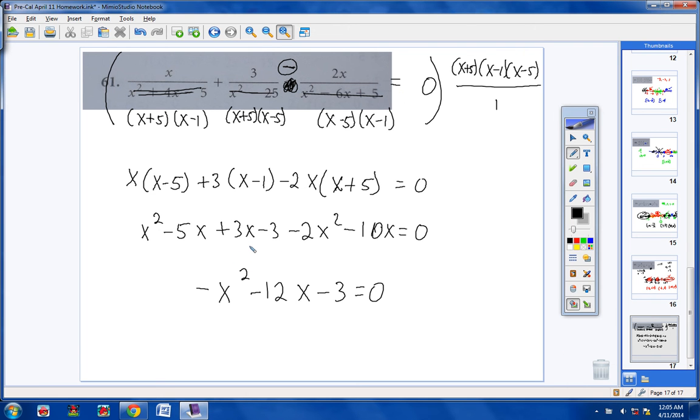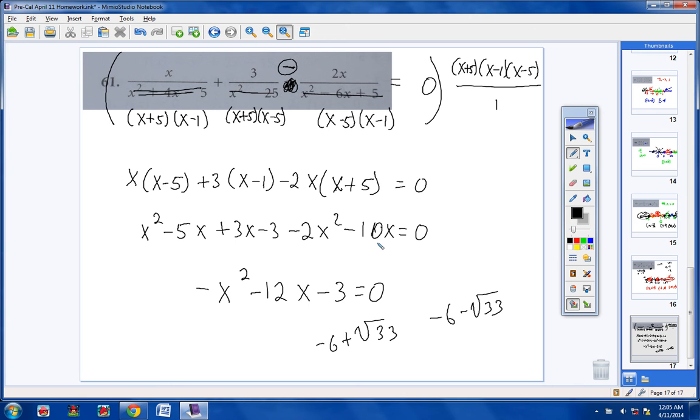Now again, I paused the video and did a little work here, and you cannot factor this, but if you use the quadratic formula on this, you will get negative 6 plus the square root of 33 and negative 6 minus the square root of 33. So let's quickly get those into decimals so we can put them on a number line.